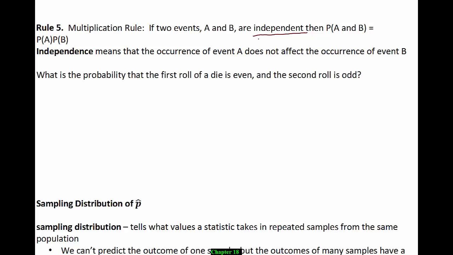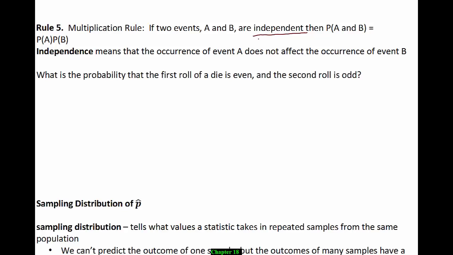What is independence? Independence means that the occurrence of event A does not affect the occurrence of event B. Coin flips and dice rolls are independent. If I asked you to estimate the probability that a randomly selected person is over 6 feet tall, you could have a number in your mind.